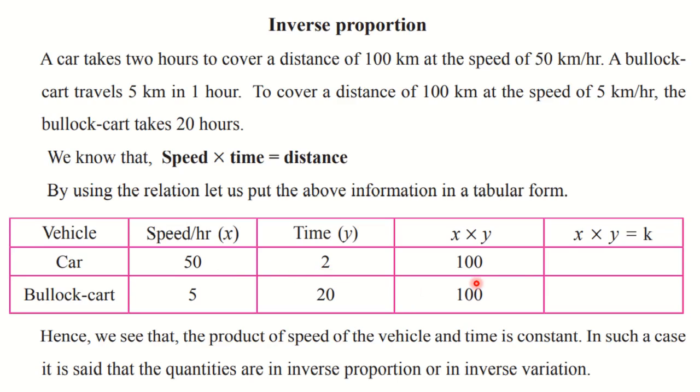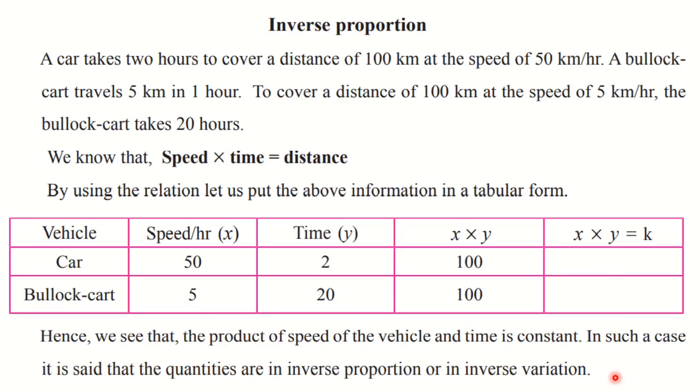The distance covered is 100 kilometers. But the same thing if we think of a bullock cart, where the speed is very less, the time taken is more. So here, as the speed is decreasing, time is increasing. So this is special about inverse proportion, that when one quantity increases, the other quantity decreases and their product remains the same.